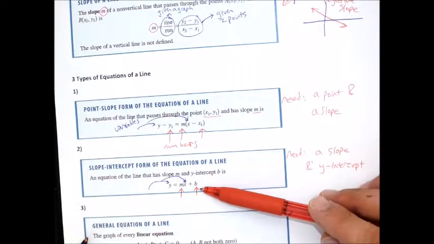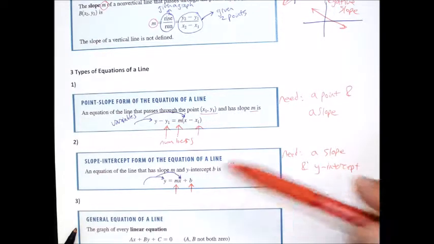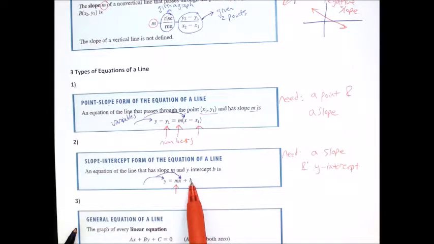You're usually not given the y-intercept. You usually need to figure out what that is. Do you remember how you do that? The way we usually find b is we plug in a point x and y. So we have our slope, and then we plug in x and y, and then we solve for b.